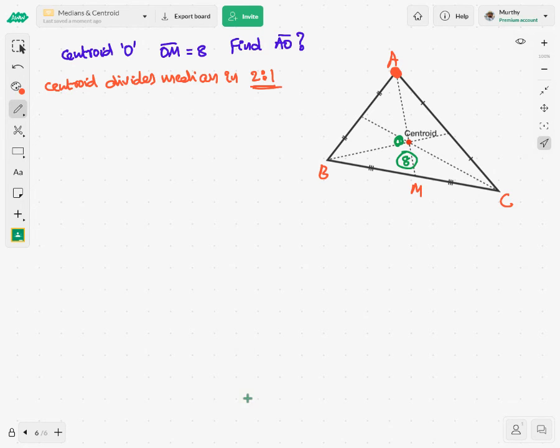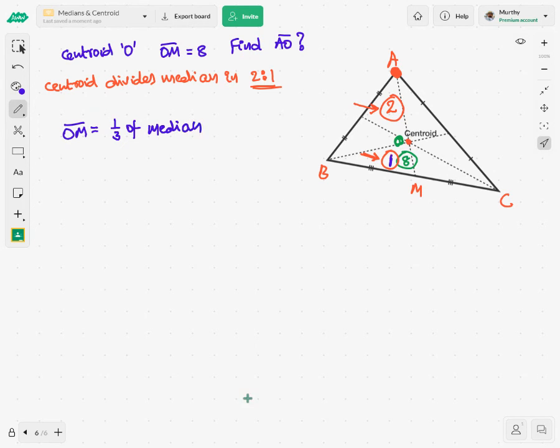From the vertex to the centroid, that is the longest one, that is 2 parts, and from the centroid to the base, 1 part. That's the basic rule. Therefore, OM is given. So let me write about OM. The length of OM equals, I see that it is 1 out of 3. Therefore, 1/3 of the median.